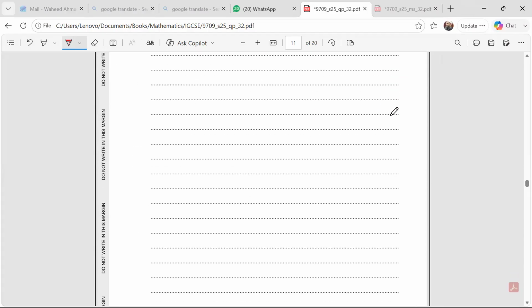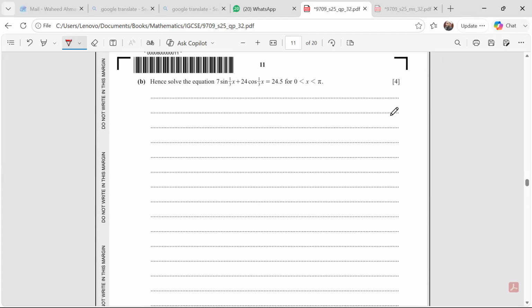Now the second part says, using the same idea, solve this equation. Okay, so 7 sine x by 3 plus 24 cos x by 3. So this left hand side can be written as 25 cosine. Now angle is x by 3.